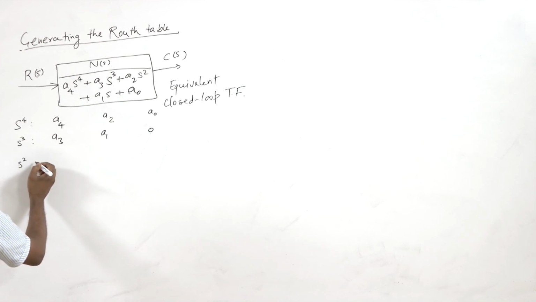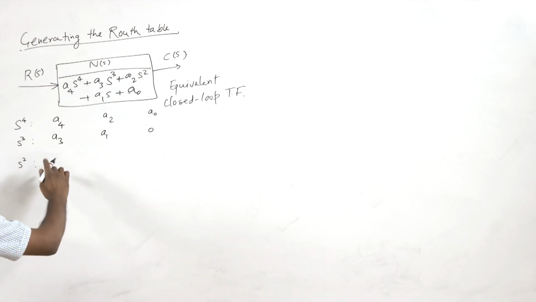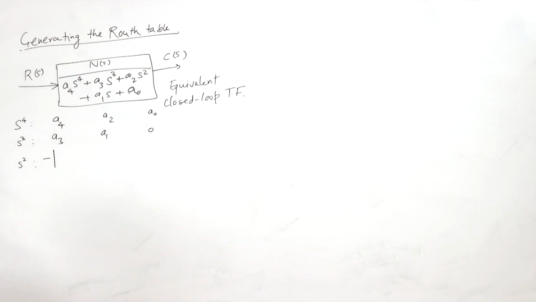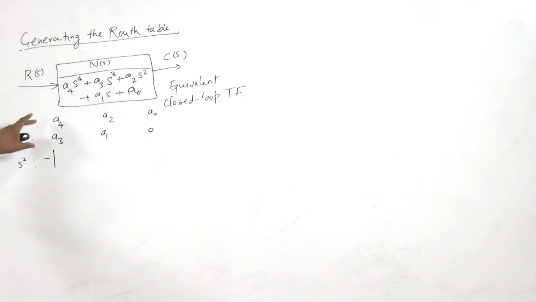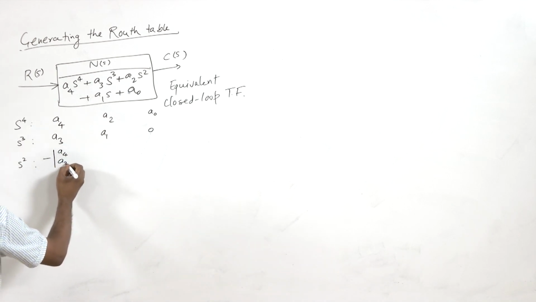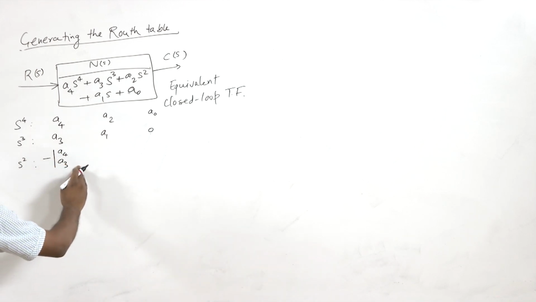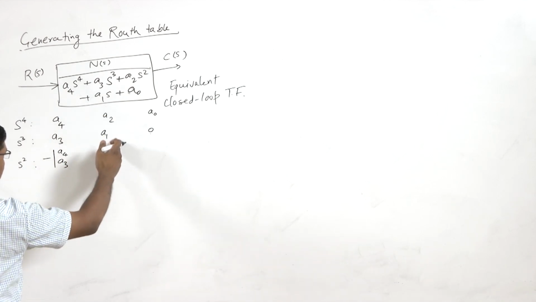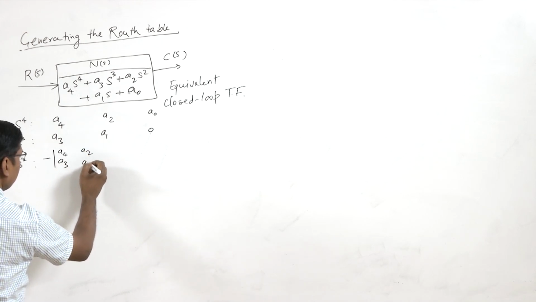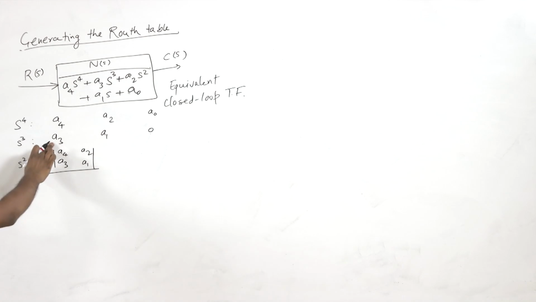Now for s^2, to get this term we will take the negative determinant, where the first column comes from the first two rows' first column elements, that is A4, A3, and the second column will be the elements of the next column, that is A2, A1, and this will be divided by this element A3.